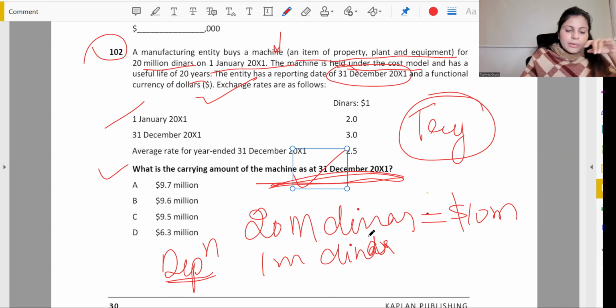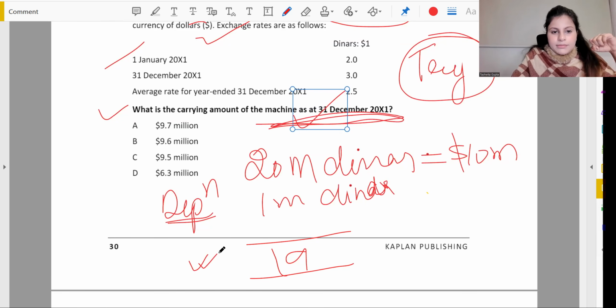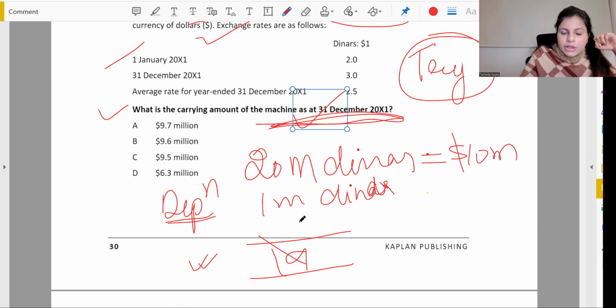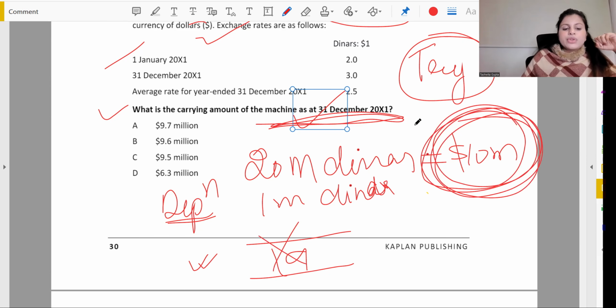No. So simply 20 minus 1 is 19. Now convert this 19. What should you do for this 19? What rate should you apply to this? Would you do anything to it? No. You'll simply depreciate this because you keep your asset at historic cost.